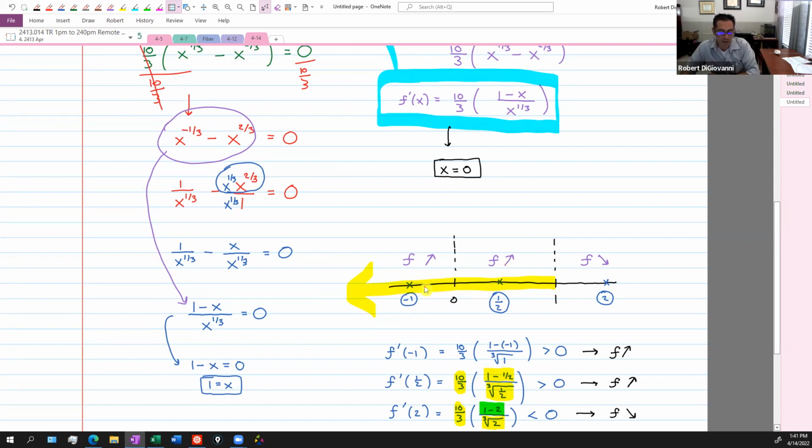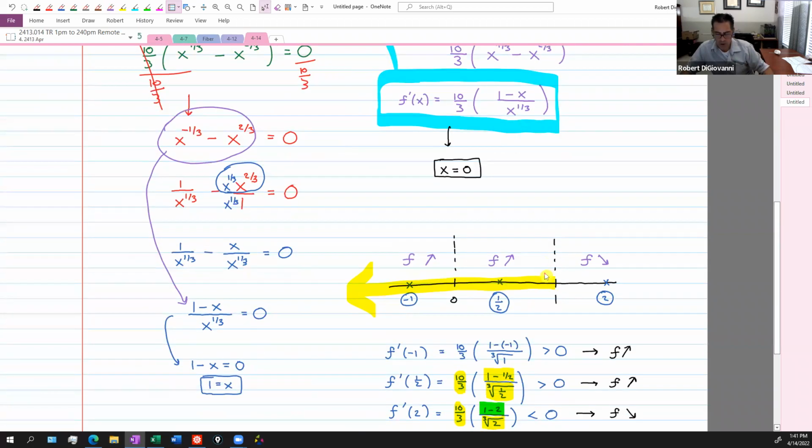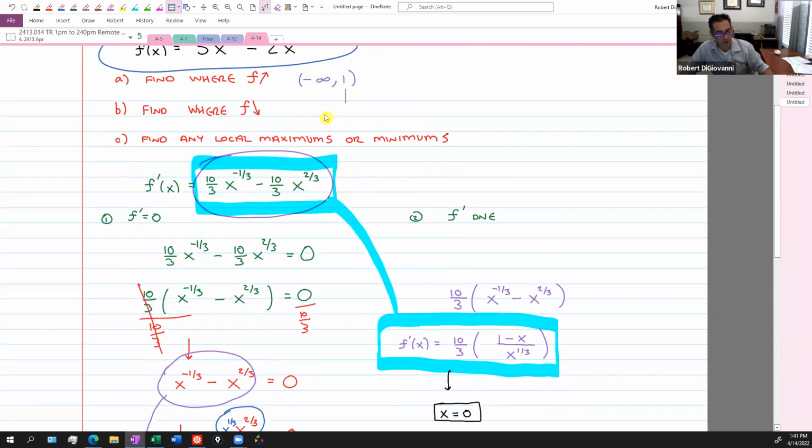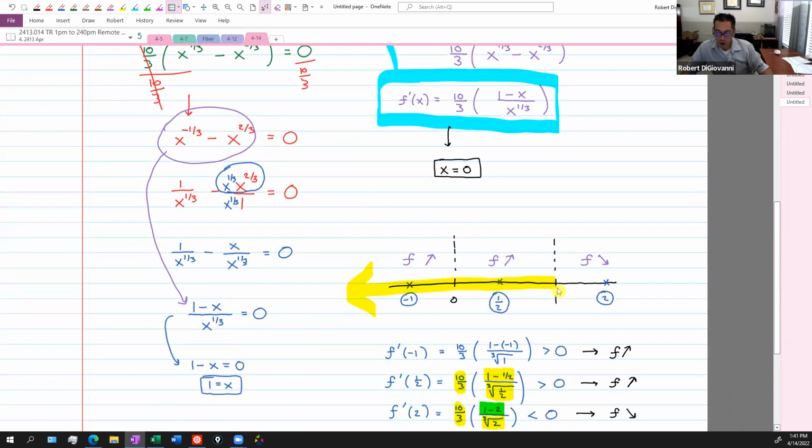You could break this into two intervals. You could go negative infinity to zero and then 0 to 1, or you just do the whole thing. I'm going to do the whole thing. I'm just going to say, all right, well, from negative infinity all the way to 1. Was it 1? Yeah, to 1. Okay, so from negative infinity to 1. Where is it going down? From 1 to the right.